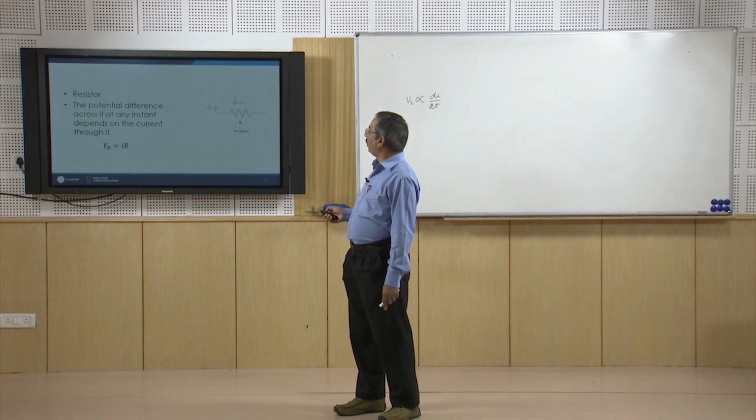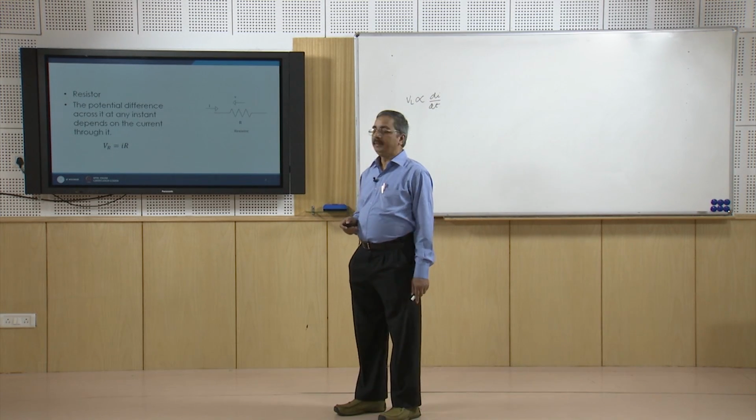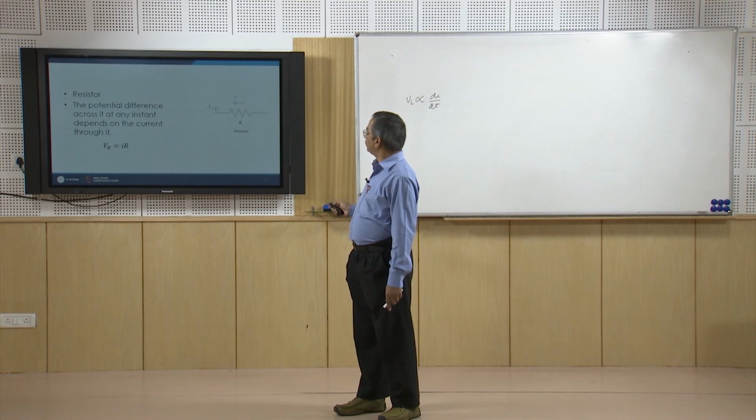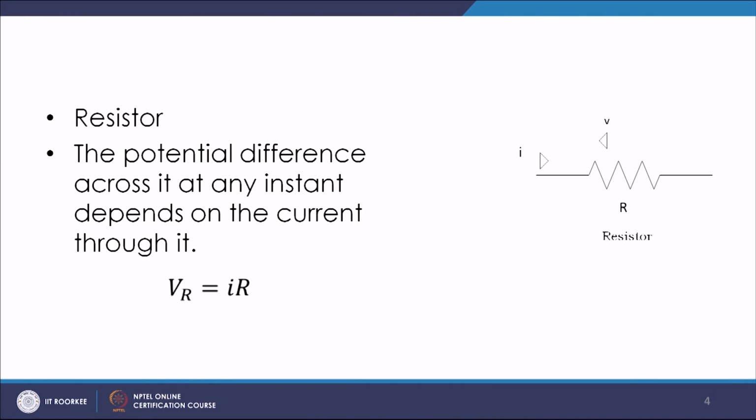The next basic building block is the resistor. This is the schematic of a resistor, with current I through the resistor, and again the direction of back EMF is shown. The applied voltage direction will be the reverse of that, and the potential difference across it at any instant depends on the current through it.